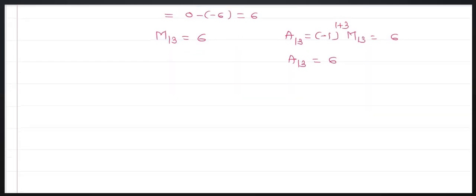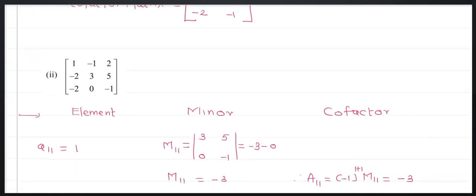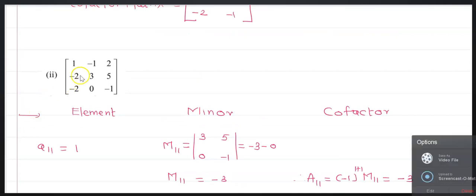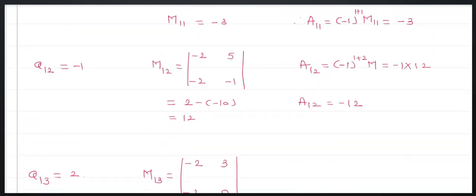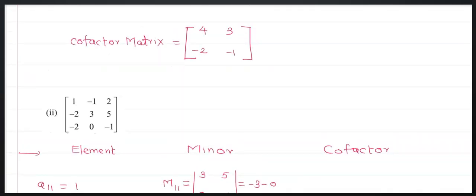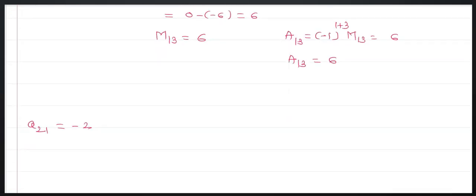Next is A21. Now see this element A21. This is the A21. And now see this upward direction and downward direction. This will go, and again this. Then what will be the minor? Minus 1, 2, 0, minus 1.